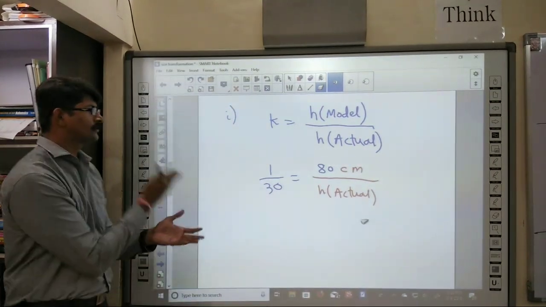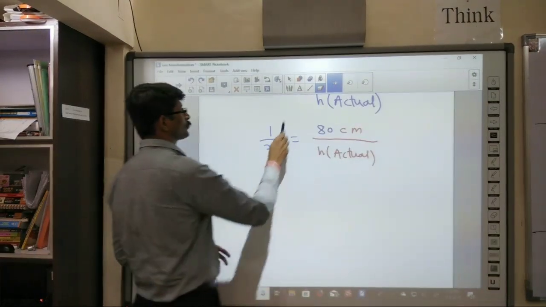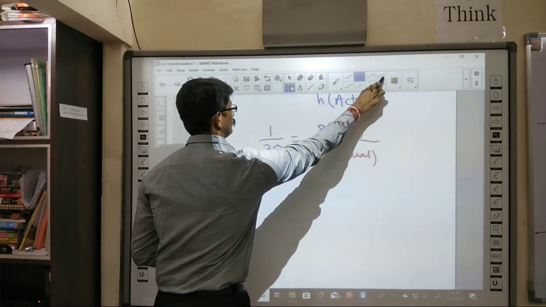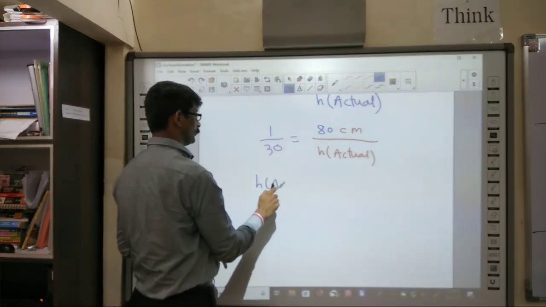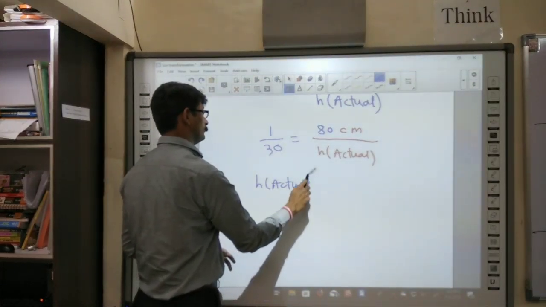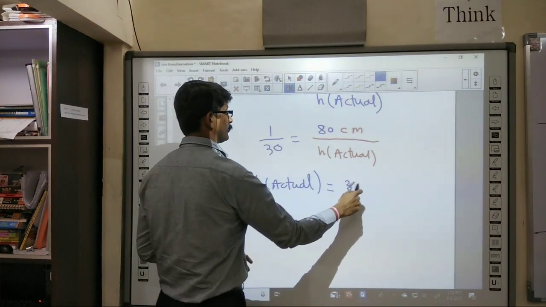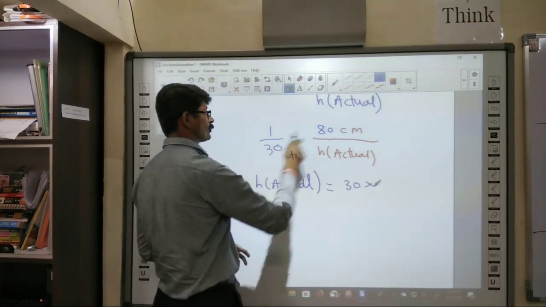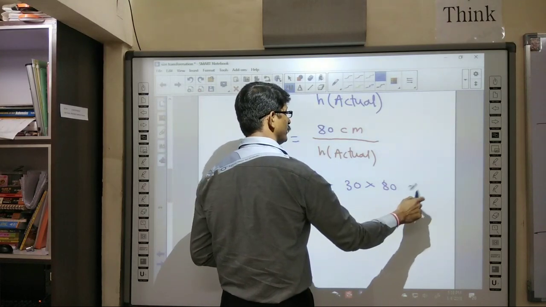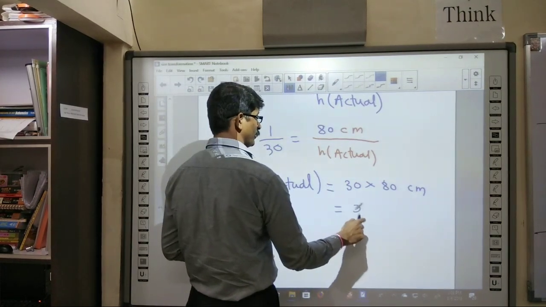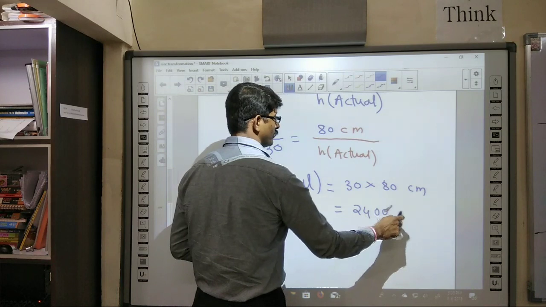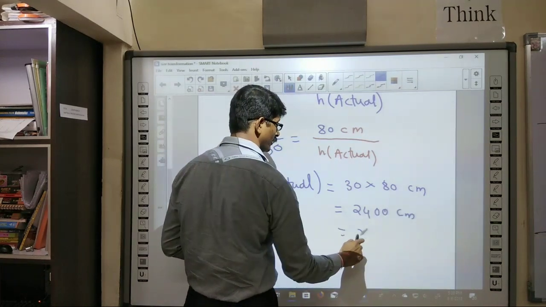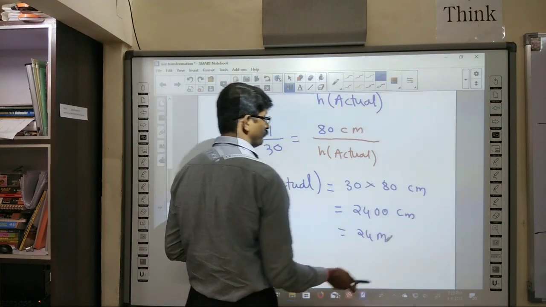So how am I going to do that? We just do cross multiplication. So height actual is equal to 30 into 80 centimeters, which is 2400 centimeters, which can be converted as 24 meters, isn't it?